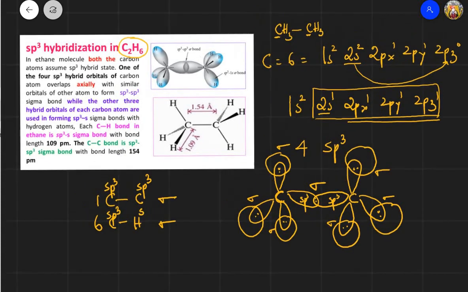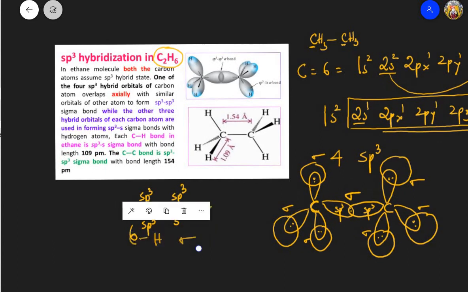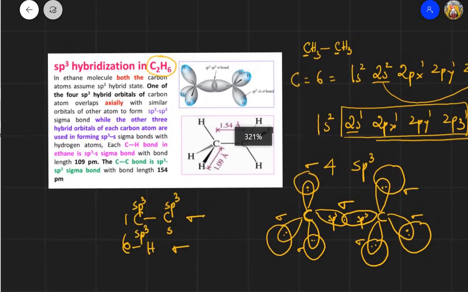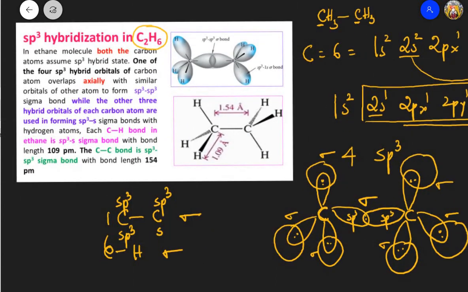So let us now try to understand the explanation we have written here in this slide. sp3 hybridization in C2H6. In the ethane molecule, both the carbon atoms assume the sp3 hybridization state, right? One of the 4 sp3 hybrid orbitals of a carbon atom overlaps axially.